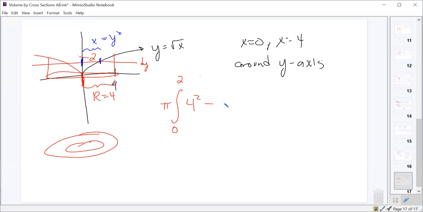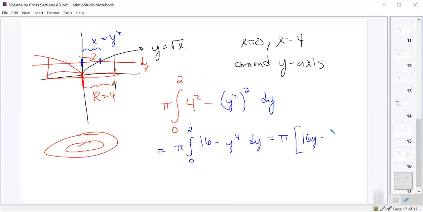So if that radius is y squared, it should be y squared squared dy. Good or no? Good. Okay, so now we've just got pi times the integral from 0 to 2 of 16 minus y to the 4th dy, or pi times 16y minus y to the 5th over 5 from 0 to 2.